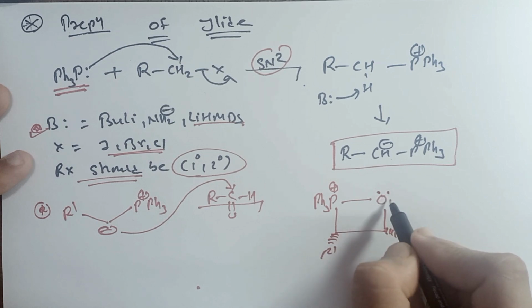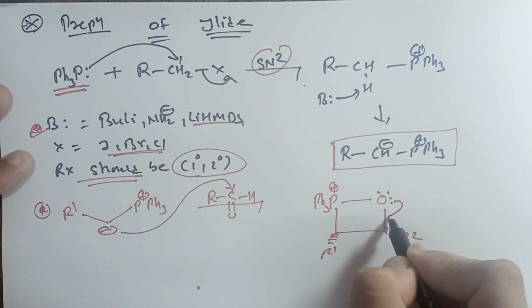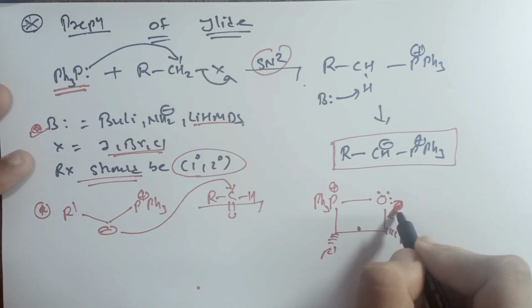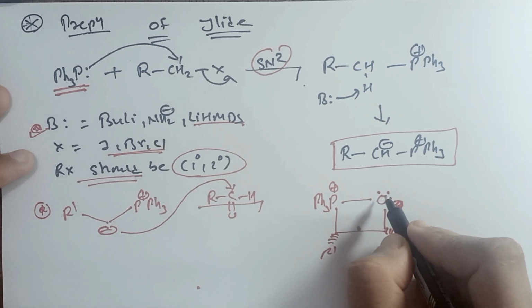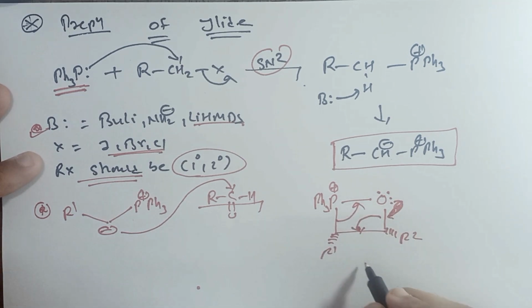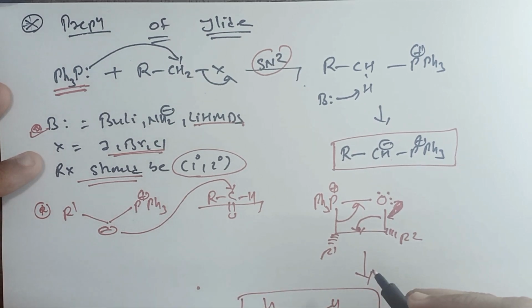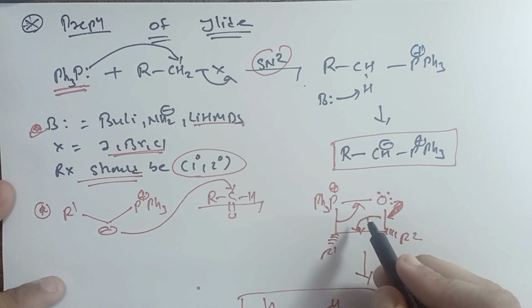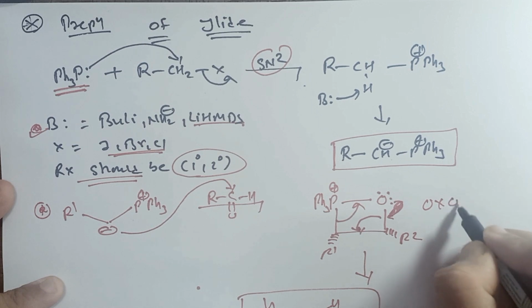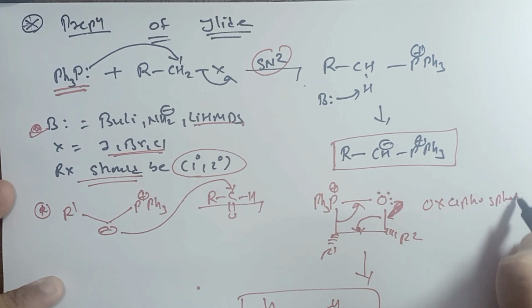This oxygen, which has a lone pair of electrons, will make a bond over here, and this negative charge will make a bond over here. So here we have this type of molecule, with R1 and R2, and a hydrogen here and also a hydrogen here. This intermediate we can call an oxaphosphetane, the intermediate of the Wittig reaction.